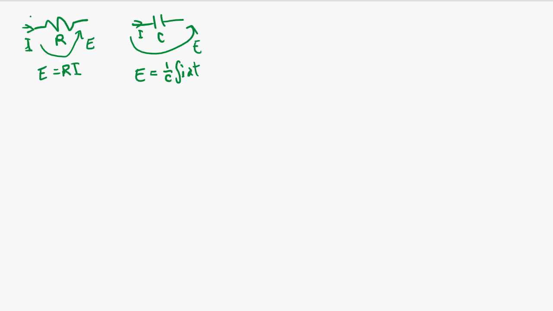And when I equals A sine omega t, then E is minus (A / (omega C)) cos omega t.